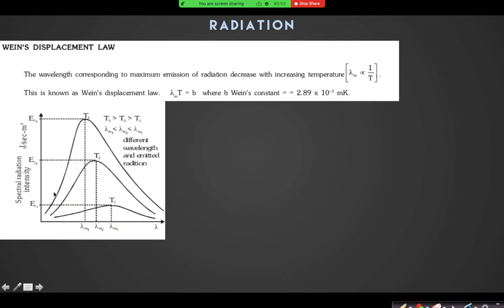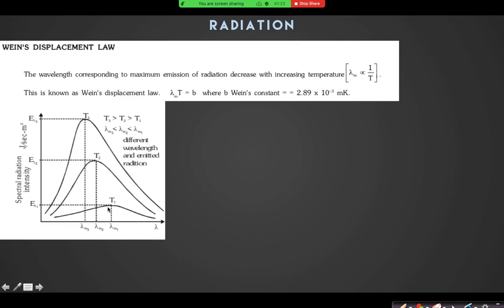But what he noticed is that the lambda for which E lambda, the spectral emissive intensity, is maximum at a particular temperature, is a particular wavelength, right? And you will find that as I go on increasing the temperature, that wavelength corresponding to the maximum spectral intensity decreases.